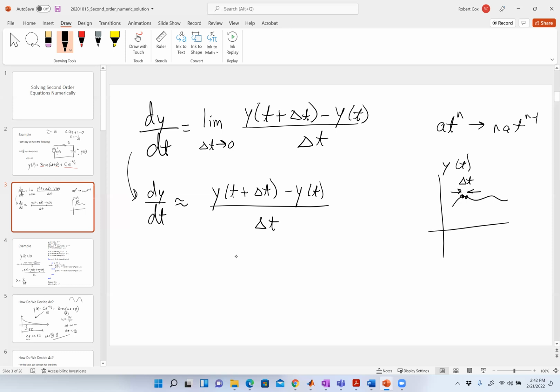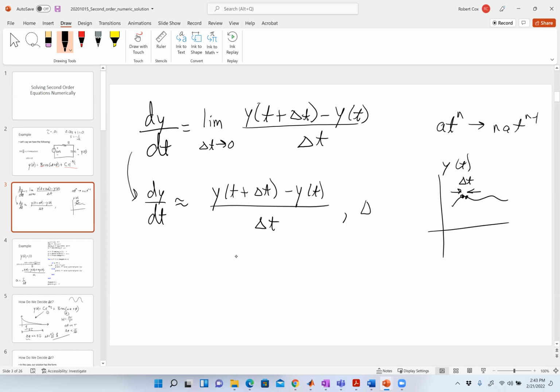That's what this is saying: I would take one value of y and the value of y next to it, subtract those, and divide by the time that's passed. If I had a linear function, that is rise over run, but for a general function, that's not necessarily rise over run. But if delta t is small enough, then this is a true statement.